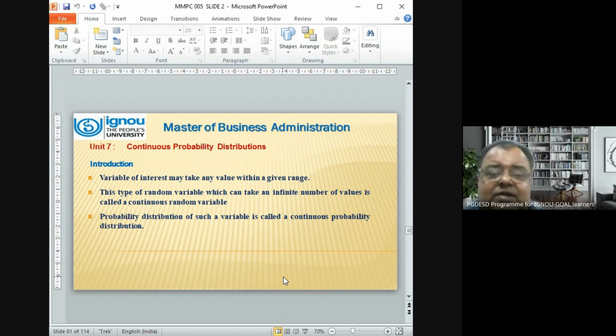Now comes continuous probability distribution. Variable of interest may take any value within a given range. This type of random variable, which can take an infinite number of values, is called a continuous random variable. Probability distribution of such a variable is called continuous probability distribution.